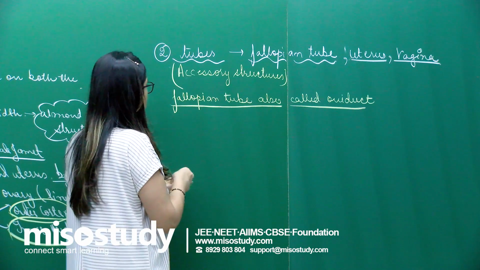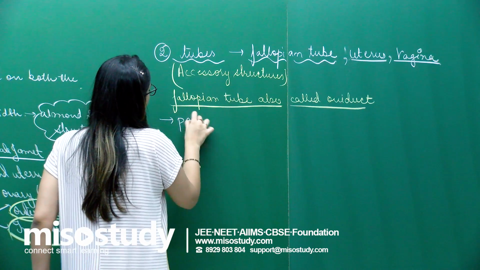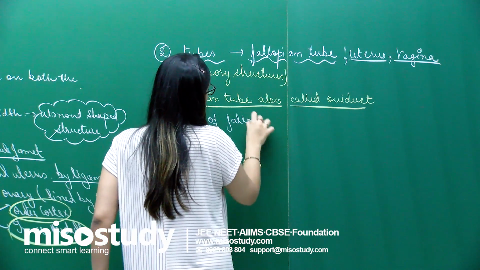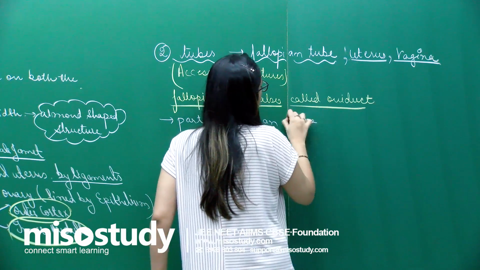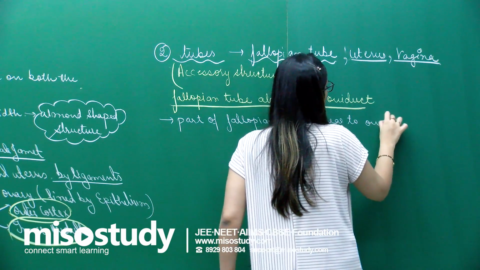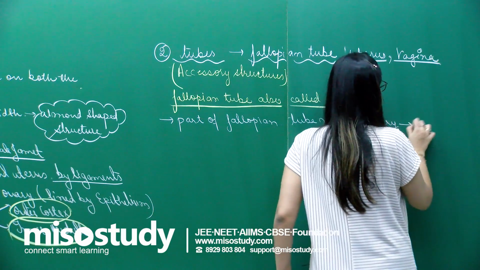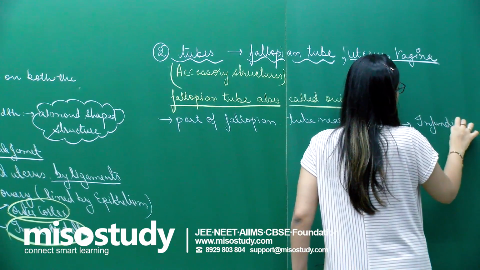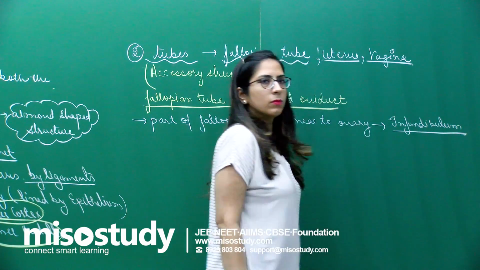So let's write about the different parts of the fallopian tube. The part of the fallopian tube near the ovary is called the infundibulum.